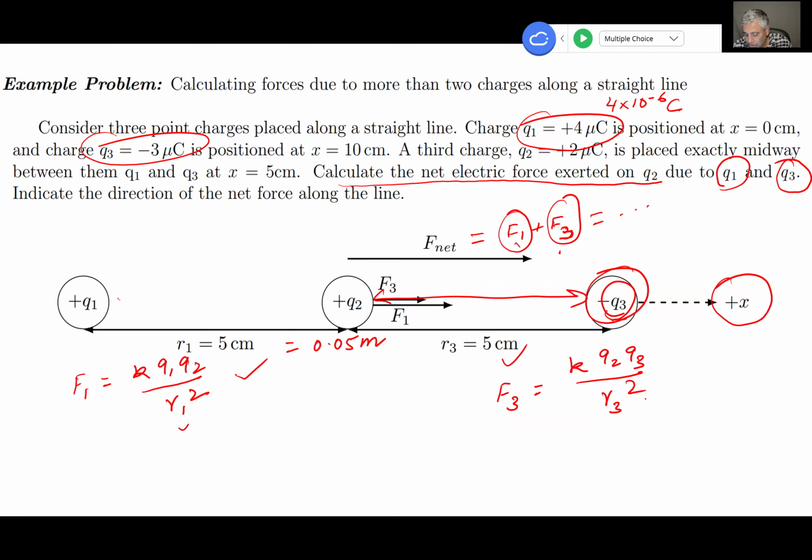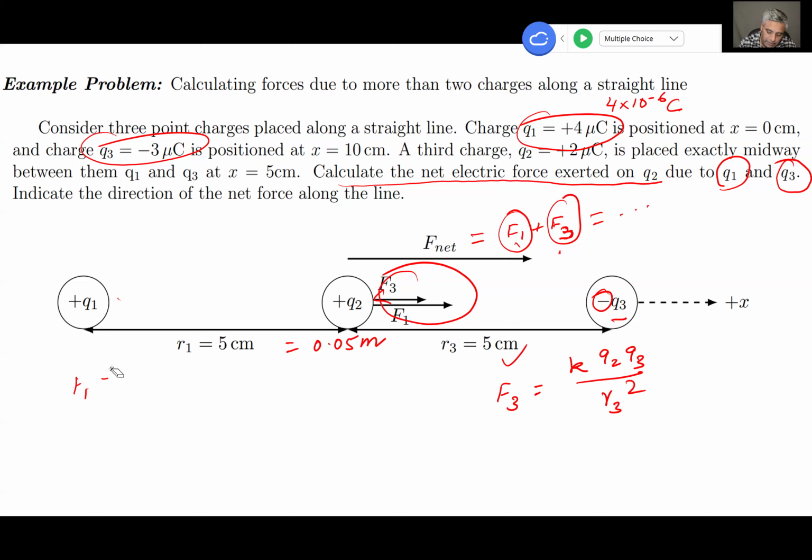Here, there is this negative sign. The negative sign only tells us about direction. It does not say anything about value. So to calculate the force, we will simply use the value of the charges. You don't plug in a negative number here. Direction, you take care of by drawing the arrow, and just plug in numbers.